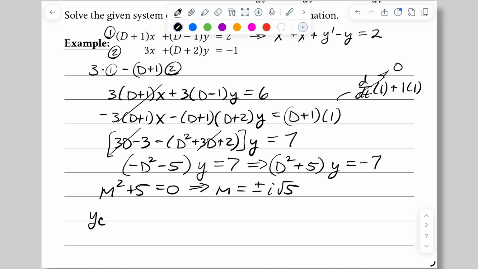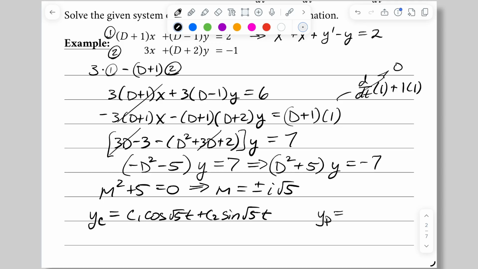So the complementary function for y is c1 times the cosine of the square root of 5t plus c2 times the sine of the square root of 5t. Hopefully you're seeing that once we eliminate one of the unknown functions, the rest of it reverts back to what we learned earlier in the chapter, including the fact that this equation in y is non-homogeneous because there's a -7 on the right-hand side.